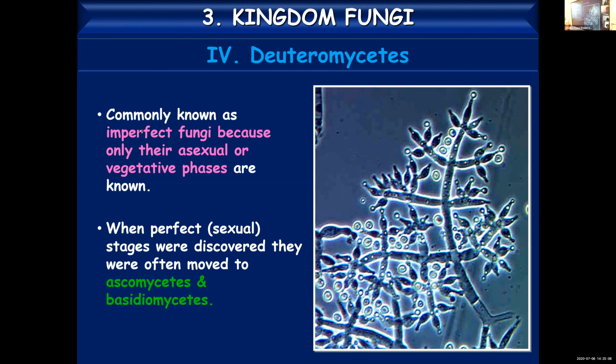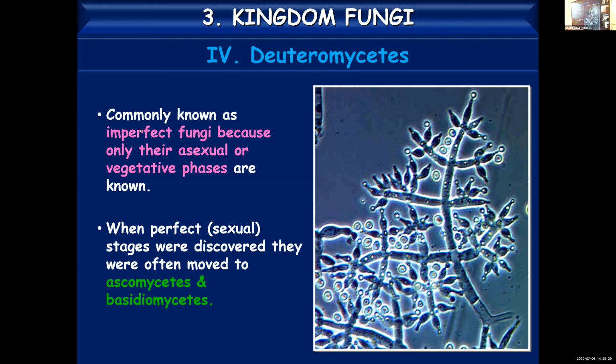So the speciality is that this particular class does not carry out sexual reproduction. If any member under this class shows sexual reproduction when newly found out, it will be removed and categorized either into Ascomycetes or Basidiomycetes.